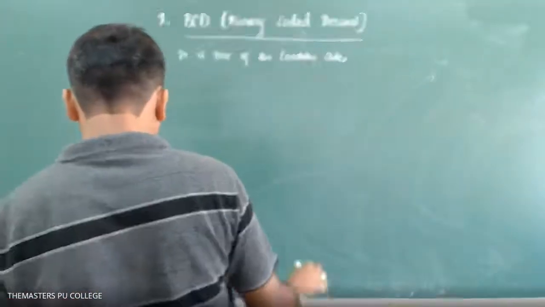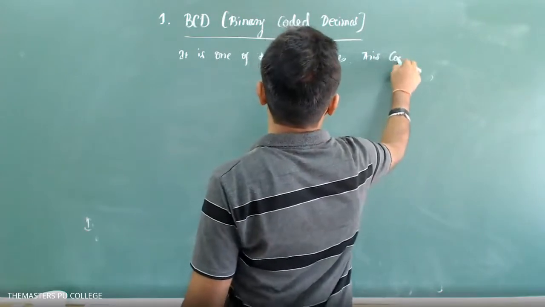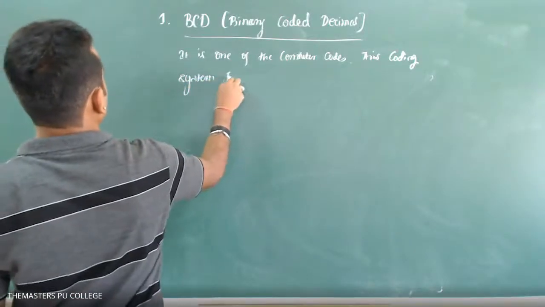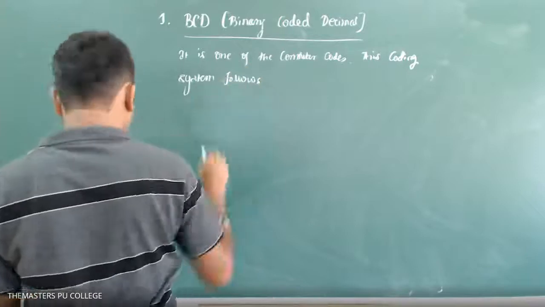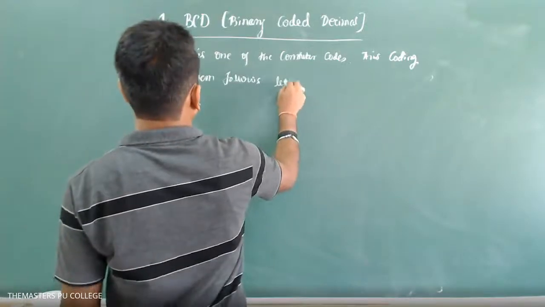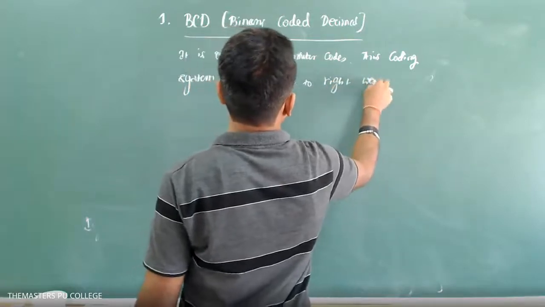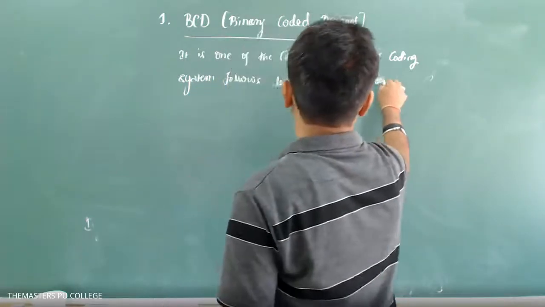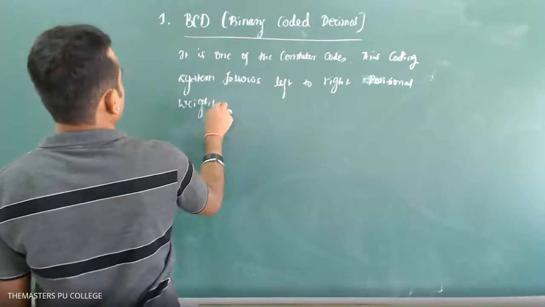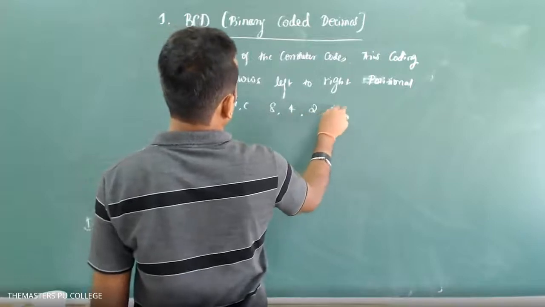This coding system follows left to right positional weight. It is 8, 4, 2, 1.